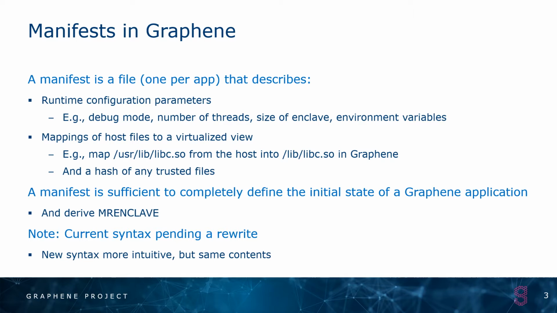A manifest is sufficient to completely define the initial state of a Graphene application and derive MR enclave. I also want to note that the current syntax is pending a rewrite to be more intuitive, but the same concepts and contents will be present in the new syntax.